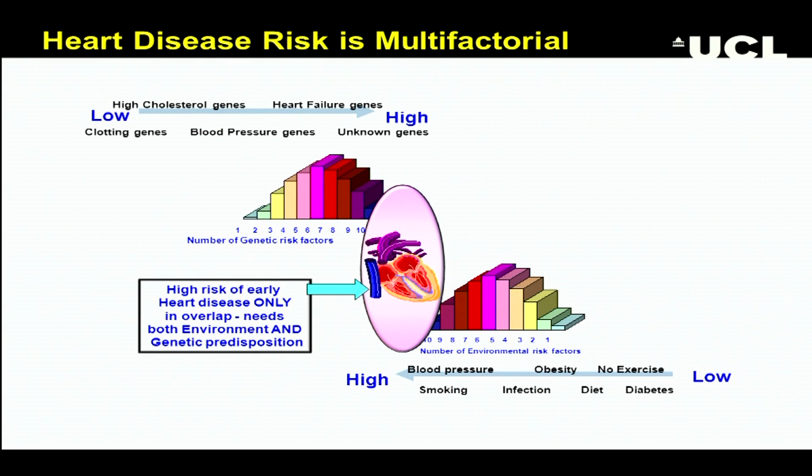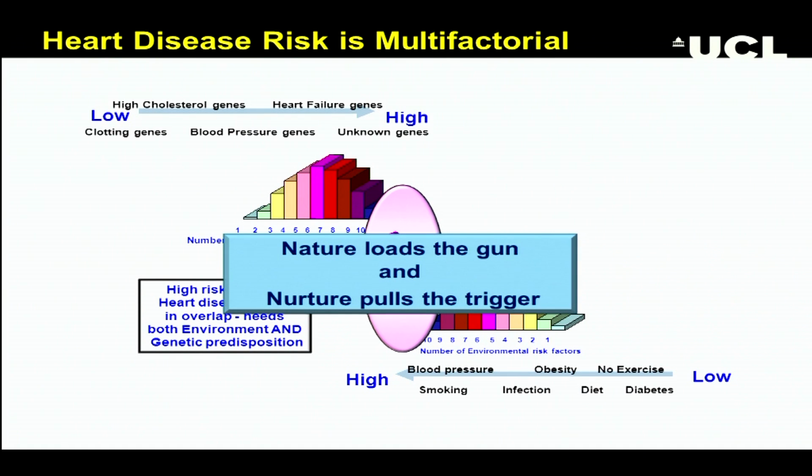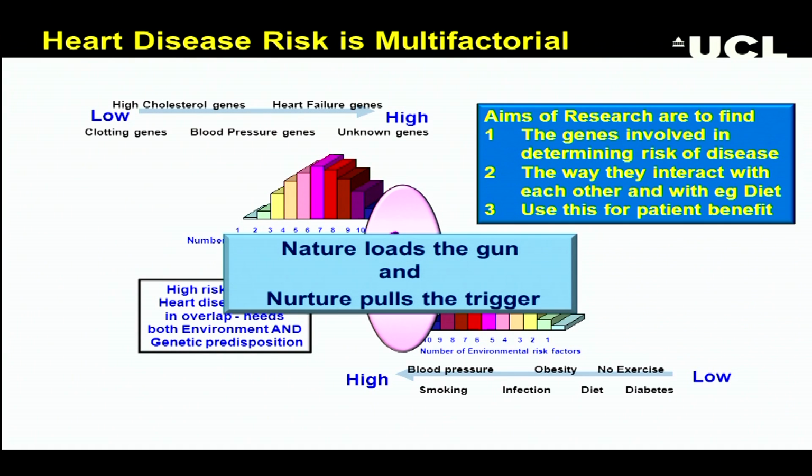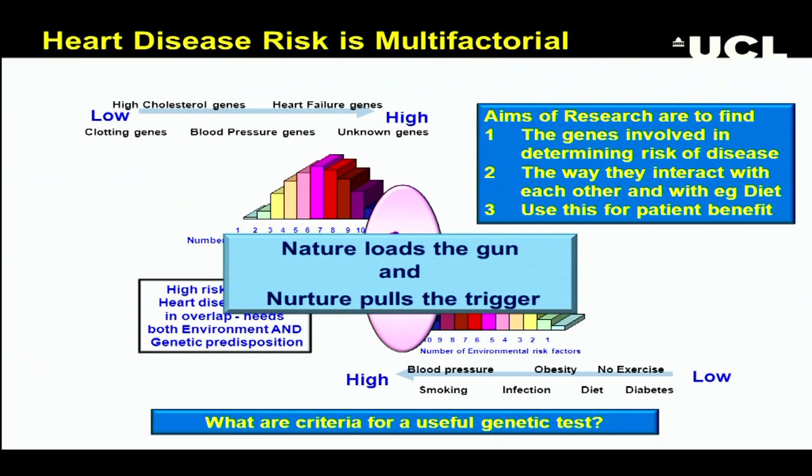But really, the risk of early heart disease only occurs when you've got a bit of both. It's this overlap of when you've got a number of high-risk genes and a number of high-risk environments. And the thing to remember is that nature loads the gun and nurture pulls the trigger. You have to have both to get an explosion, which in this case is the heart attack. So the research that we're doing is to try to find the genes involved, the way they interact with each other and with diet, and then to use this for patient benefit.